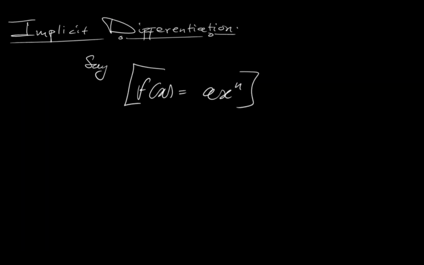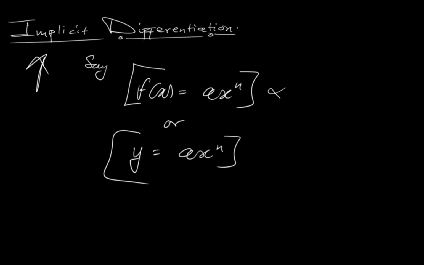If it's not in this form, we use implicit differentiation. So be mindful, if you've been given a function that is not in this form, because we know f of x is y, that's when we use implicit differentiation.